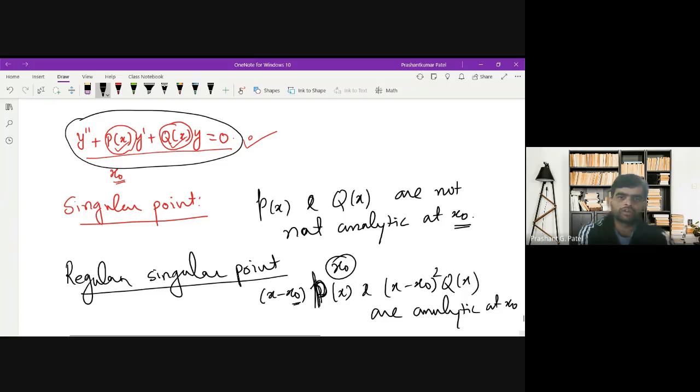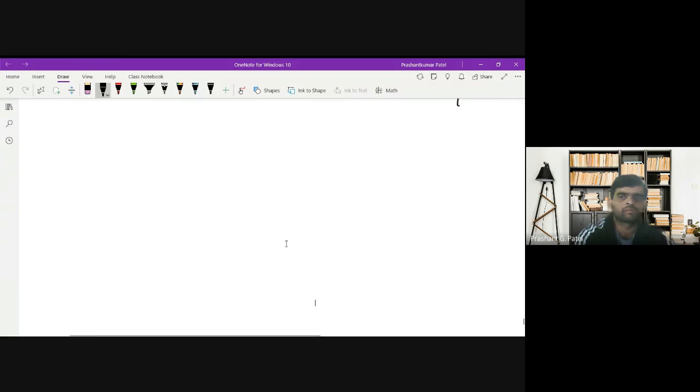So you understand the definition? The regular singular points are those points where x minus x0 times p of x and x minus x0 square times q of x are analytic.